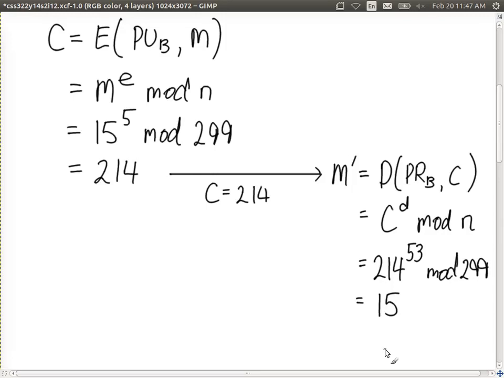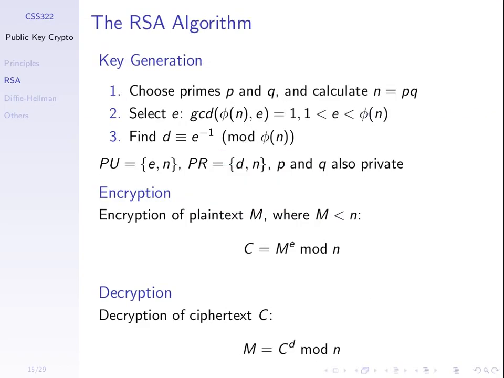So the encryption and decryption algorithms themselves are not very complicated. The beauty of RSA is that these algorithms are very simple. Take some number, raise it to the power, mod by n.